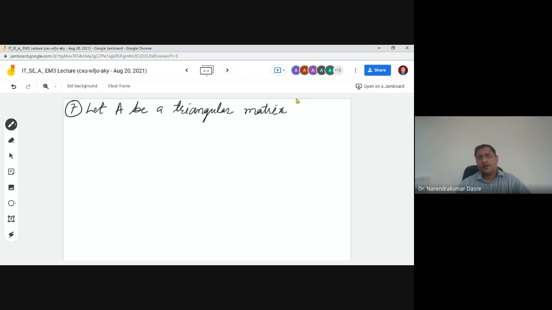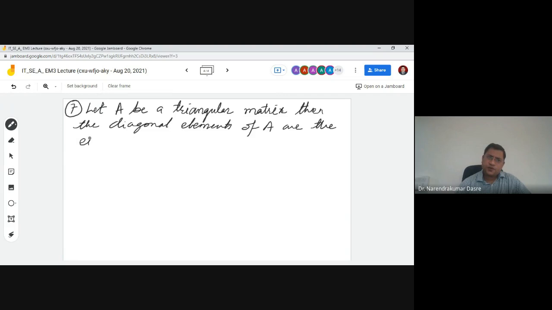Then the diagonal elements of A are the eigenvalues of A. So the eigenvalues of A are nothing but the diagonal elements.